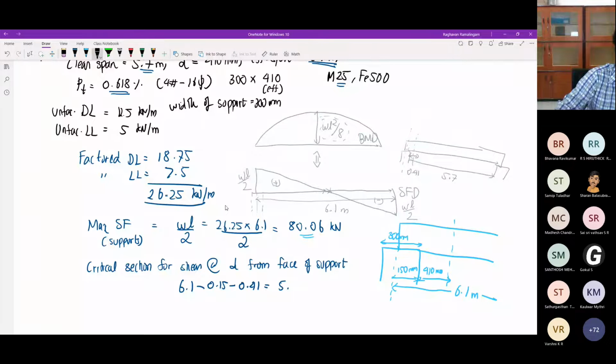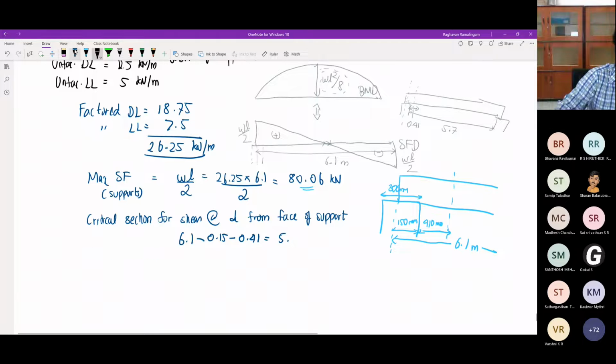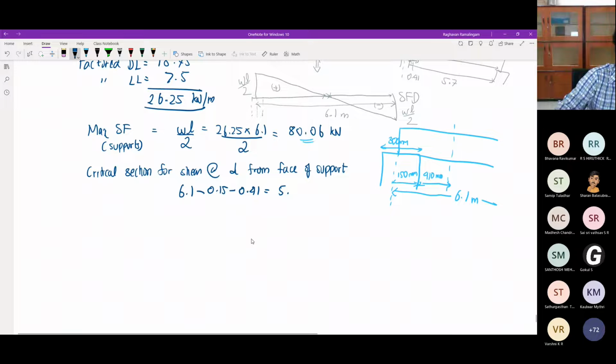Actually, I should have done 3.05 minus 0.15, which is 2.9, then 2.9 minus 0.41, which is 2.49, I suppose.